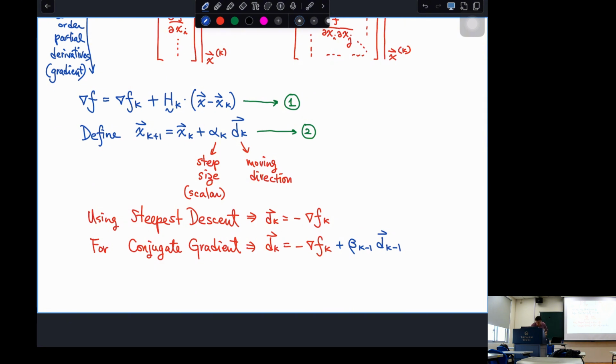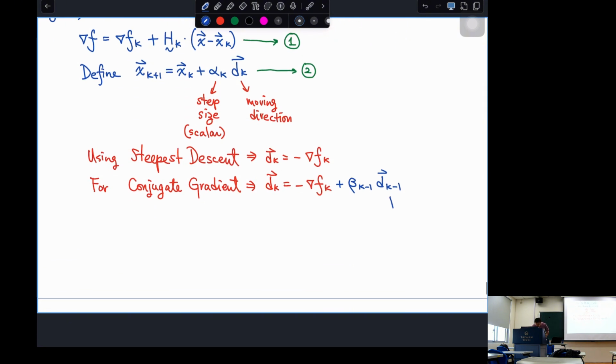And right here, this is basically the previous moving direction. And what's beta? It's an unknown parameter, another scalar.